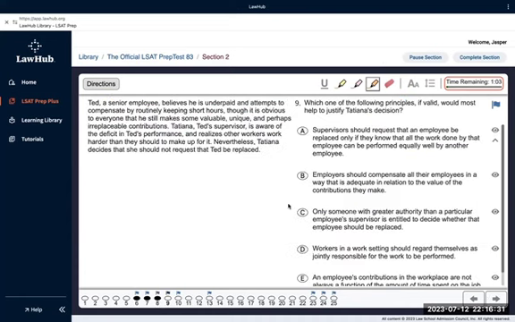Lots of modifying words there. Okay. Tatiana, who is Ted's supervisor, is aware of the deficit in Ted's performance, so the deficit being that he keeps short hours, and realizes other workers work harder than they should to make up for it. Nevertheless, Tatiana decides that she should not request that Ted be replaced.